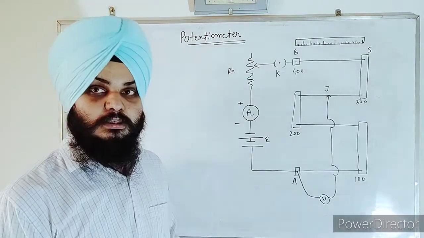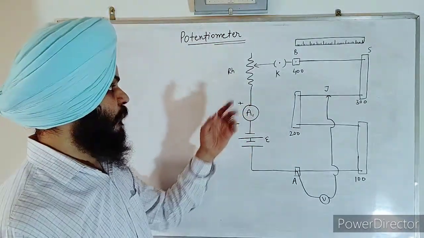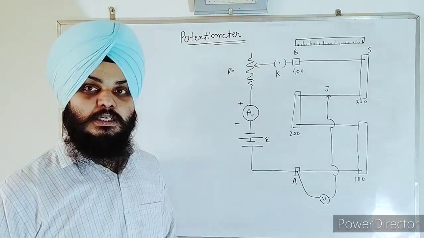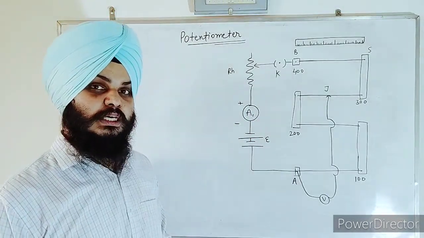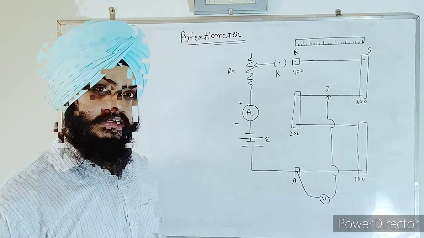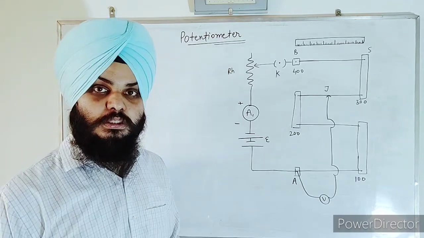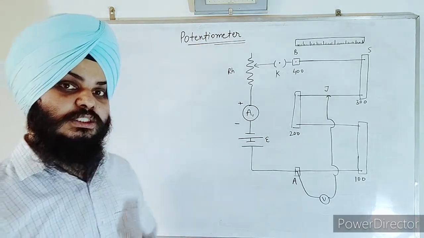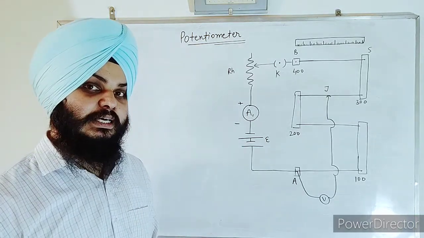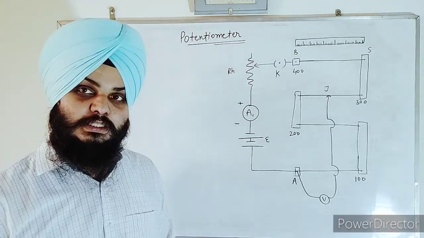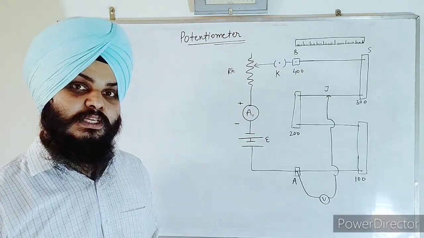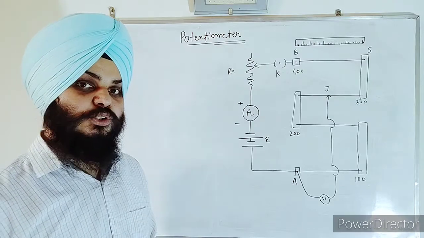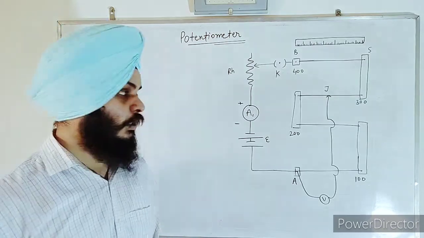We start from this part. First of all, there is a rheostat, a device which can provide the value of resistance you want. It is different from a normal resistance box in that it has a very long wire, and whichever resistance value you want in the circuit, you can include it.